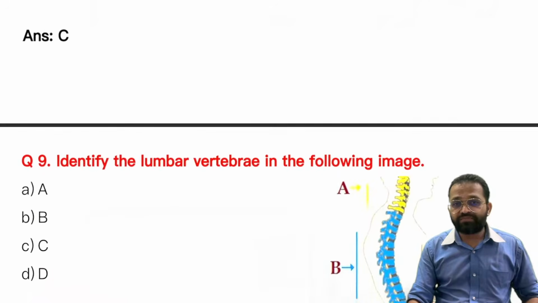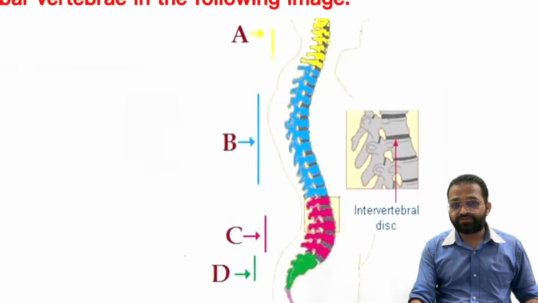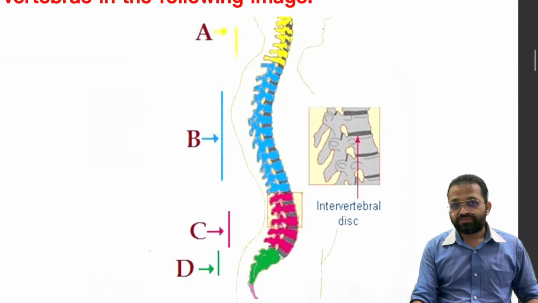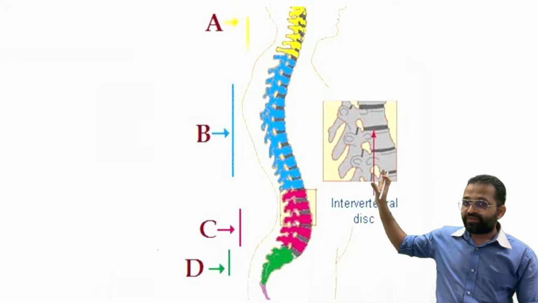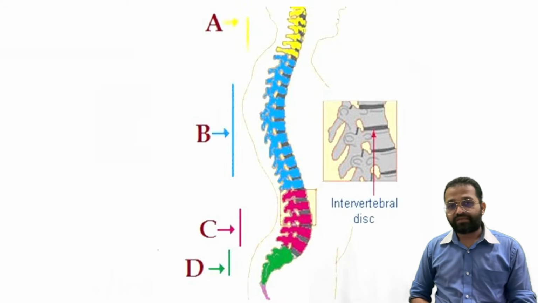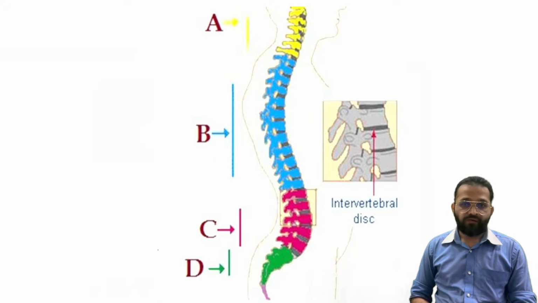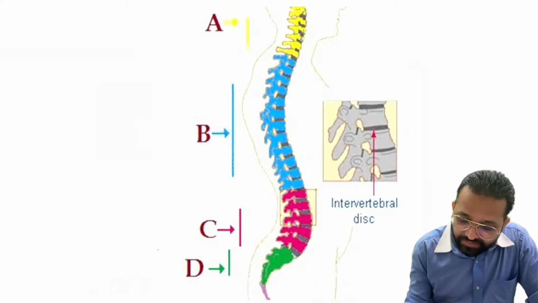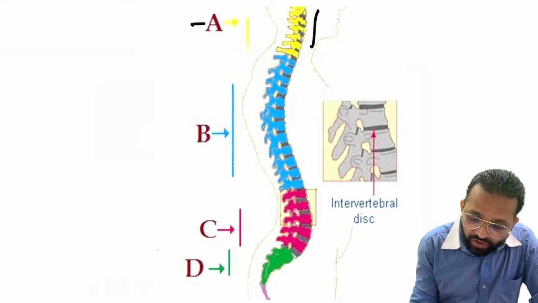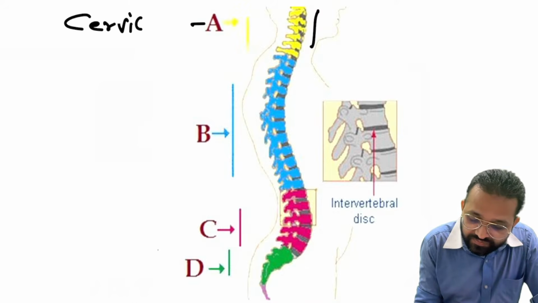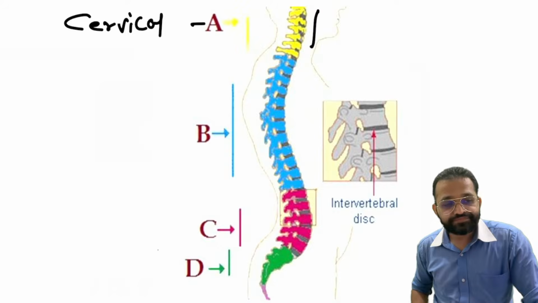Identify the lumbar vertebra in the following image. So can you tell me what is the name of this A, B, C, and D? I will show you the 3D orientation also. Yes, please answer. The A is also known as the cervical vertebra.